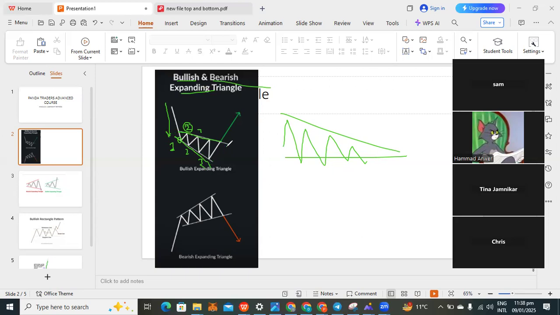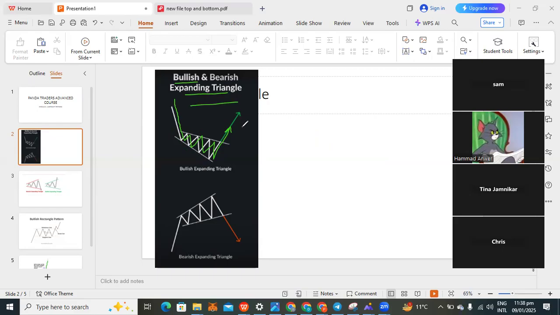So for this to happen, the price has to decrease first and go into an expanding triangle, and then give us a breakout out of the resistance. Only then can you actually say that it's a bullish expanding triangle.